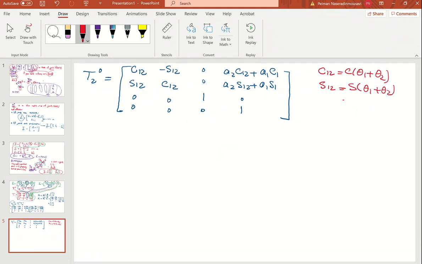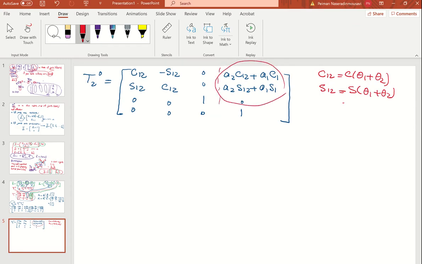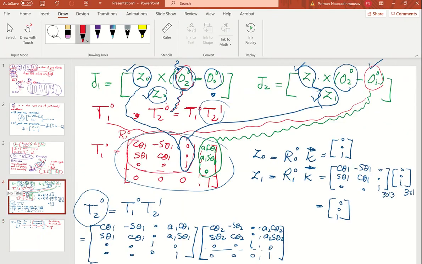So now this part, as I taught you previously, showing O2 with respect to 0. Understand? Okay. Now let us calculate the Jacobians one by one.